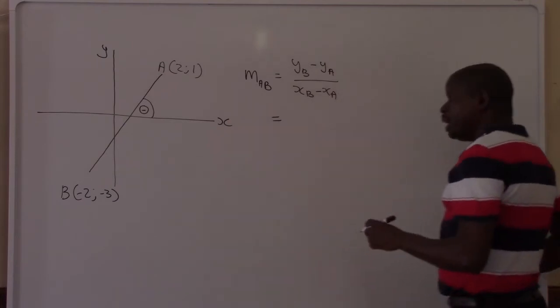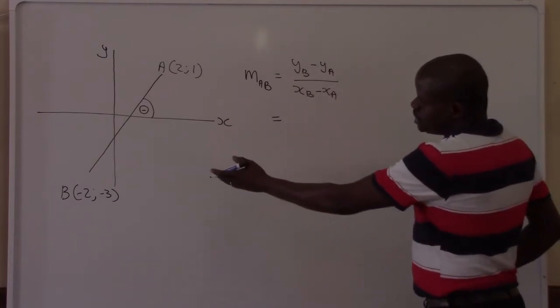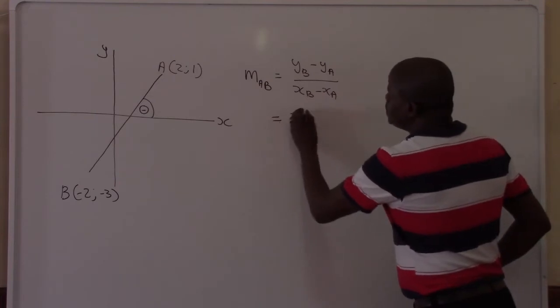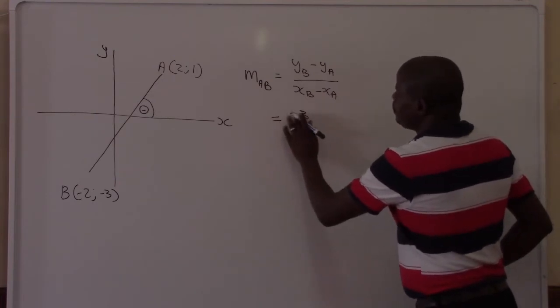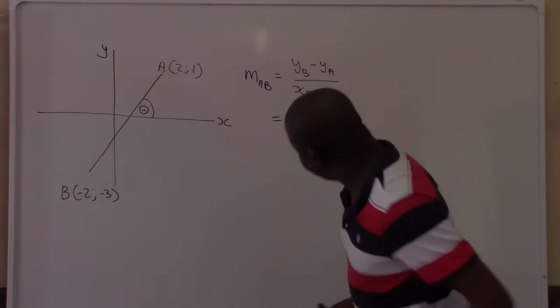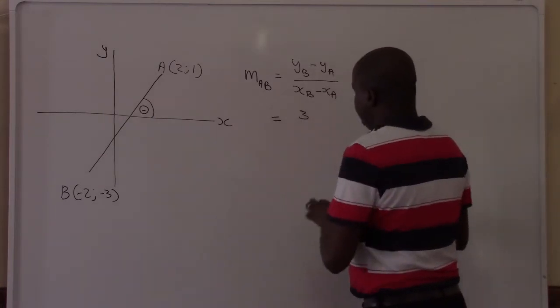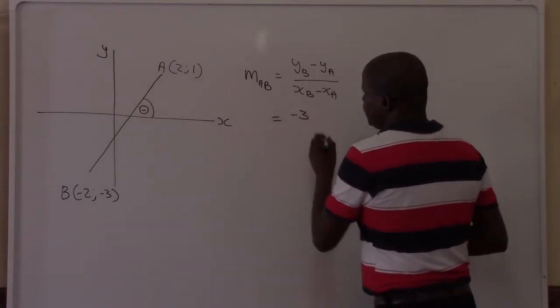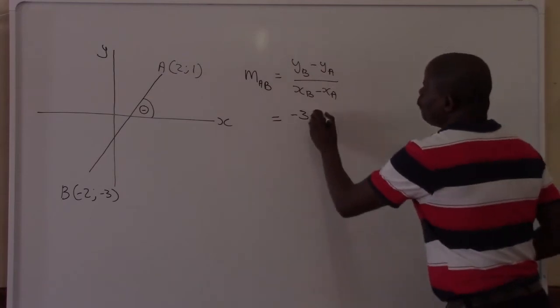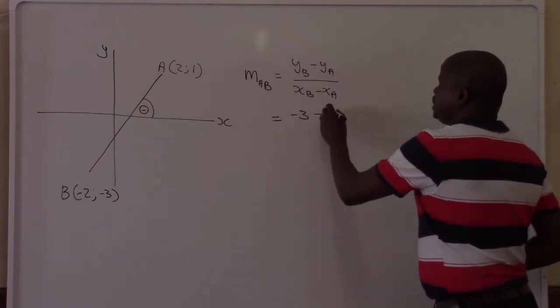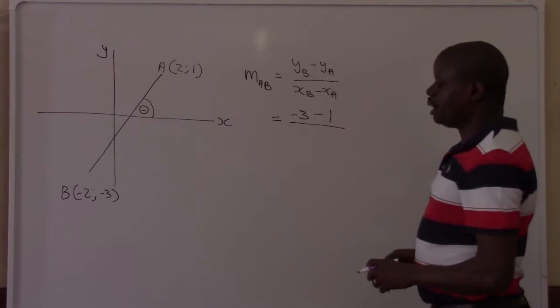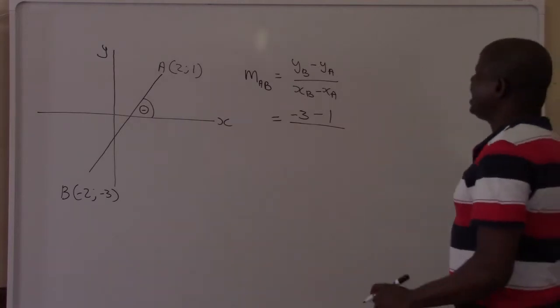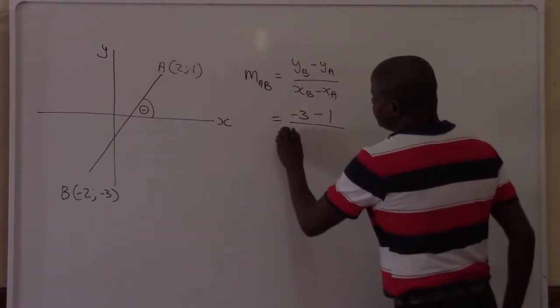So what are we having? What is the value of y at B? It's negative 3. And what is the value of y at A? It's negative 1. Now, what is the value of x at B? It's negative 2.